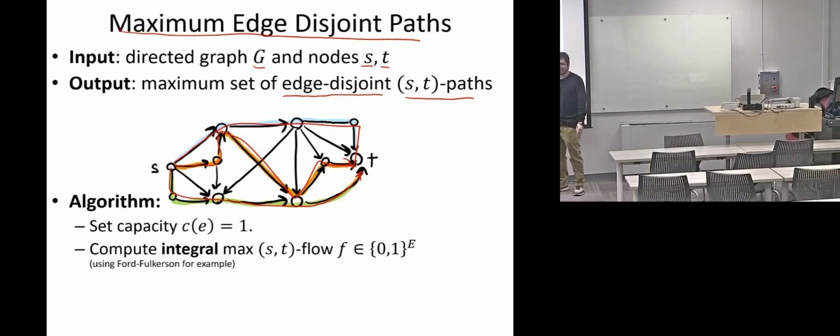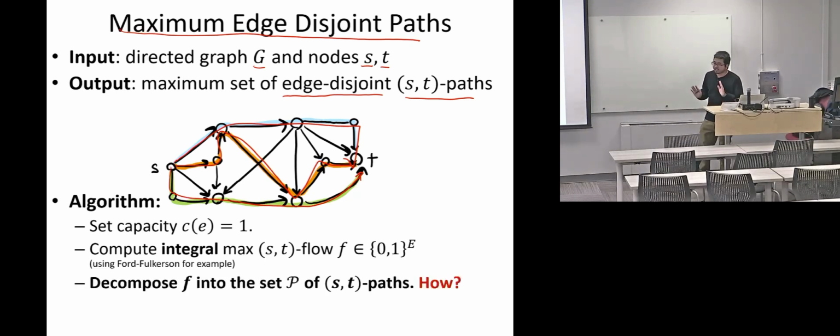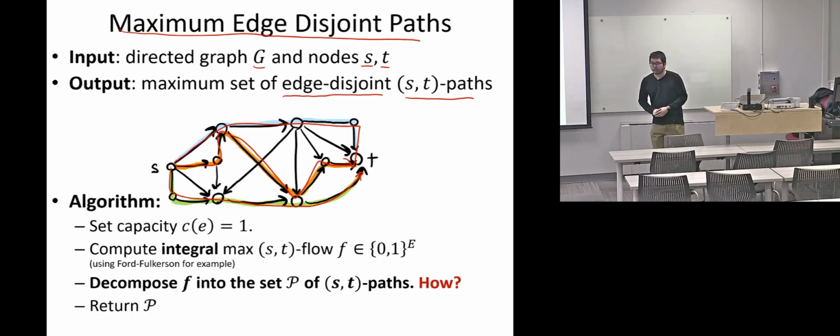That might be how your max flow looks. It doesn't give you the set of paths yet. But the idea is that from this flow, you can decompose, like Blake said, this flow into a set of paths. How exactly? I'm gonna tell you, and once you do that, you return this set of paths.